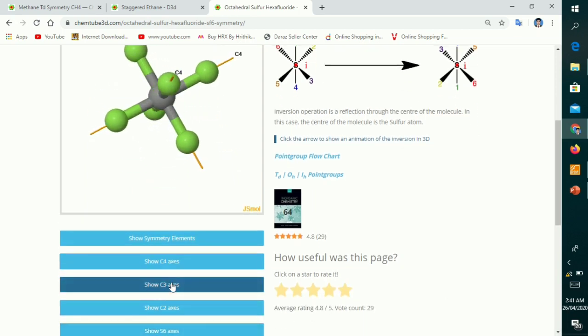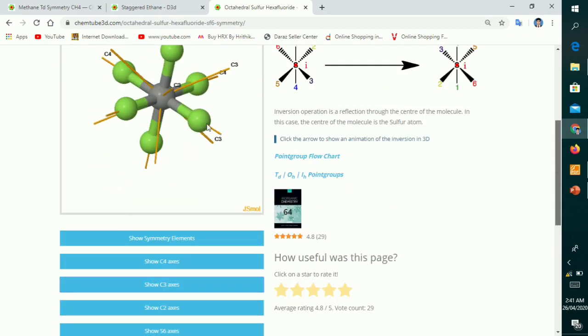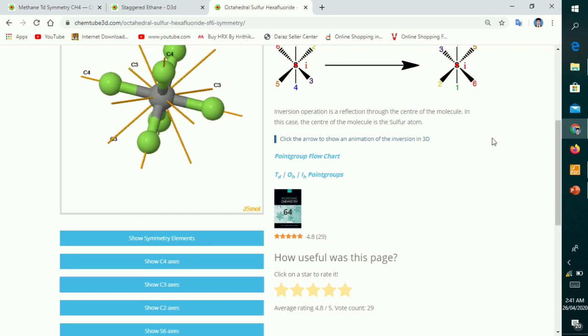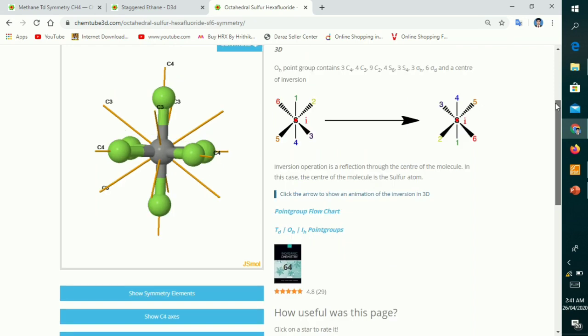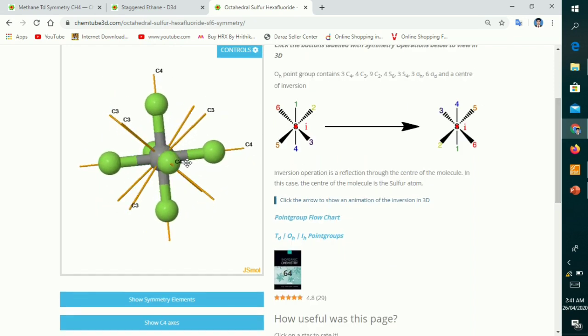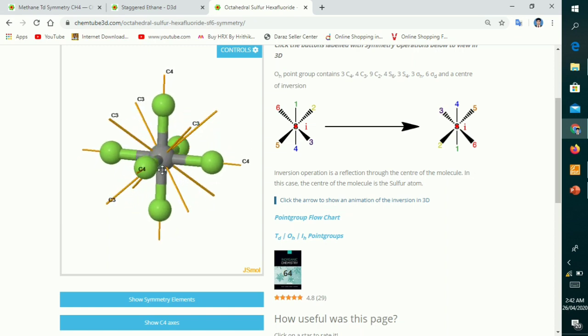Where are the C3 axes? From this you can see these are the different C3 axes, the axes of rotation from where you can find the C3 in this SF6 molecule.